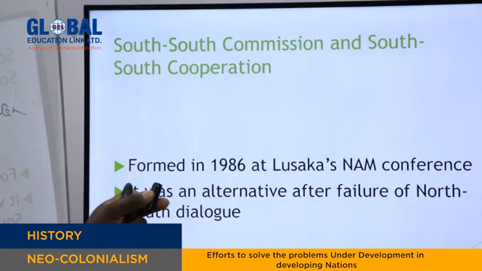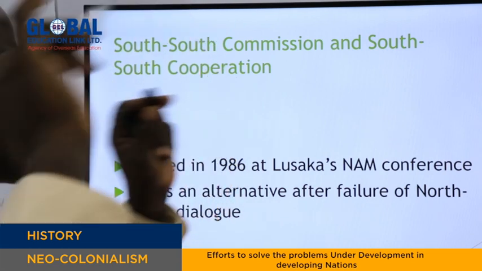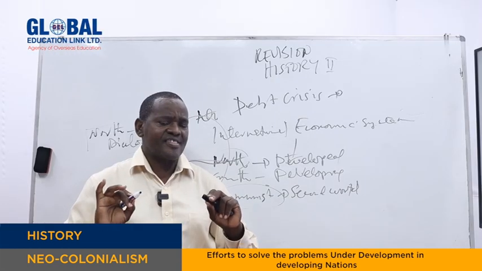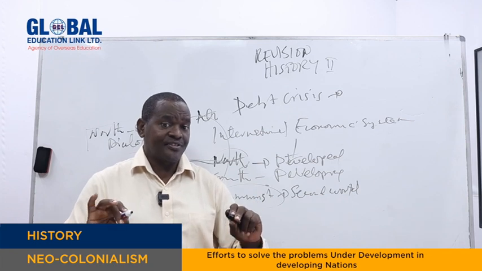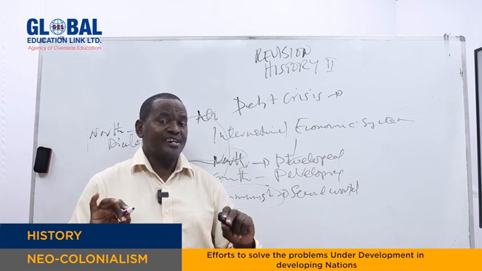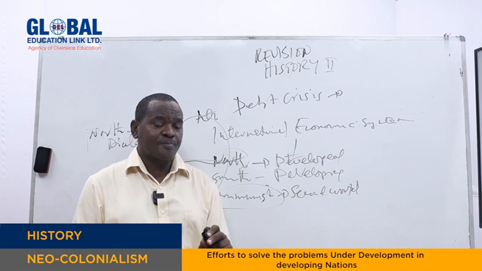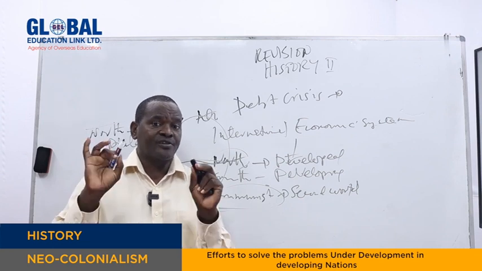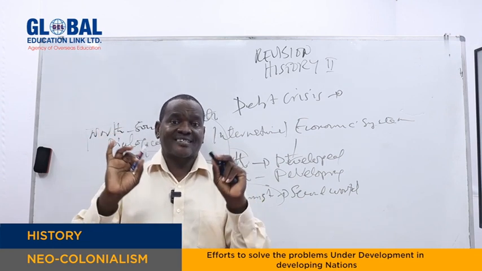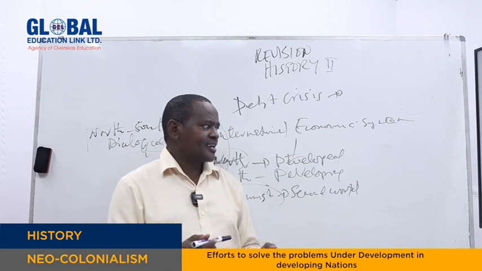And this, remember, was the idea formally given by Fidel Castro, who called for total disengagement between the northern countries and southern countries. However, this was not to be implemented that way. This means that the southern countries will now join together and have their own cooperation. And if they want to cooperate with the north, then they will do that as a bloc. This is what has been agreed.